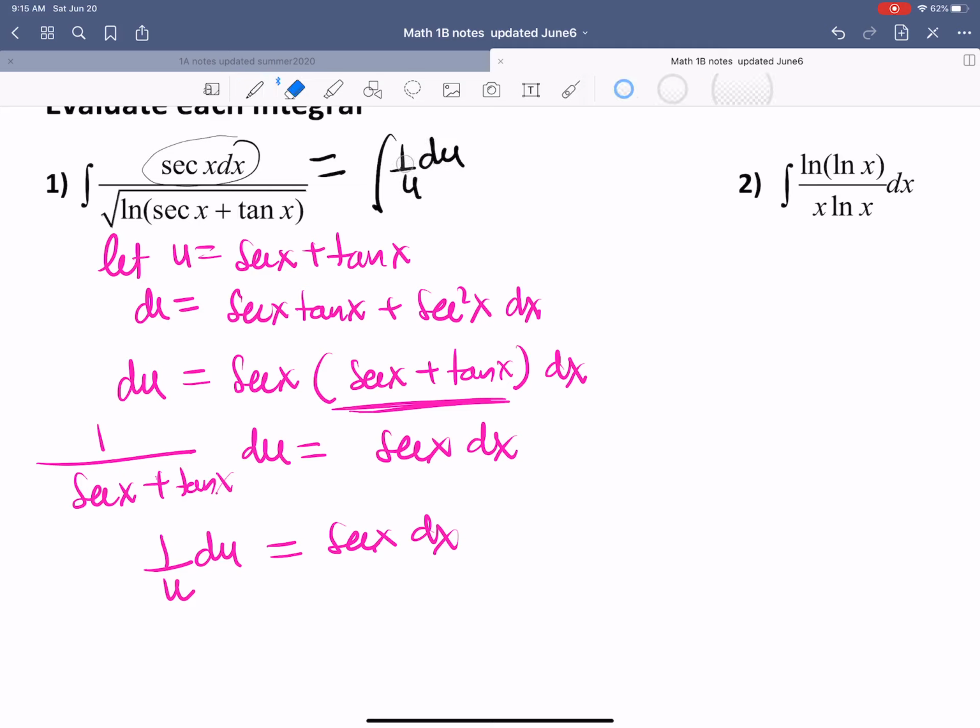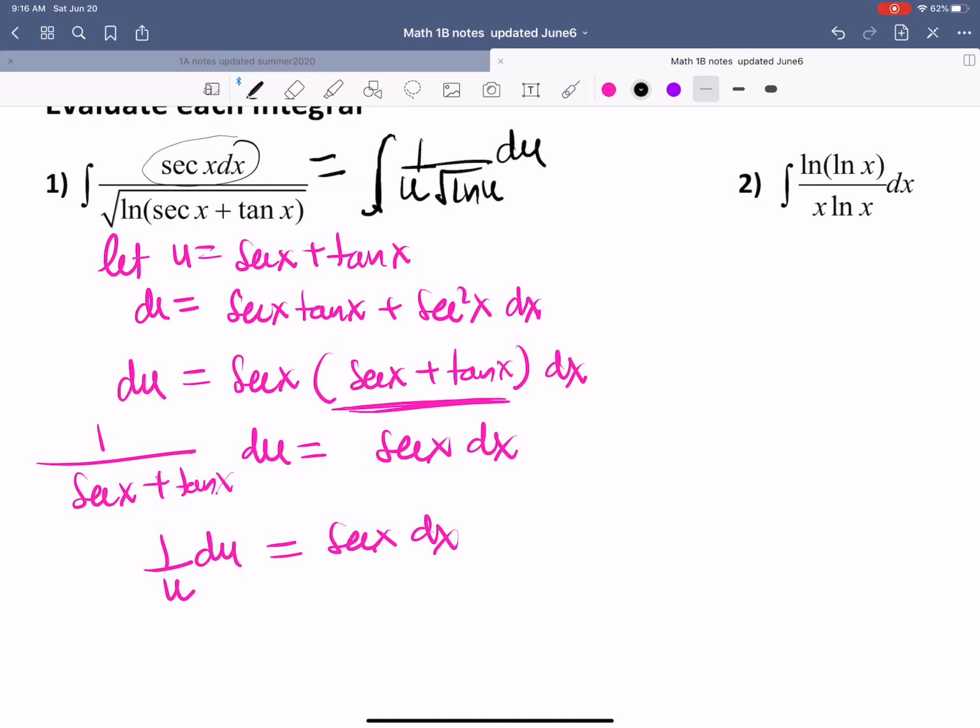So I do have 1 over u and then square root of natural log of u and du. So that entire integral can be converted into the u integral by doing some clever substitutions.